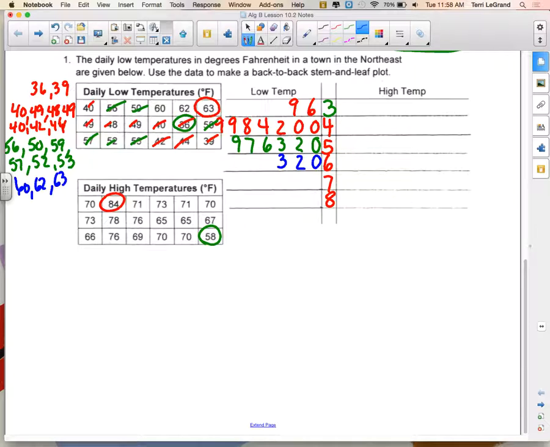Okay, you go ahead now and you do the highs. Go ahead. Finish your stem and leaf plot. Oh, I've already seen some of us aren't doing good columns. Nice columns. Don't get half points taken away because I can't line up a ruler between your columns.